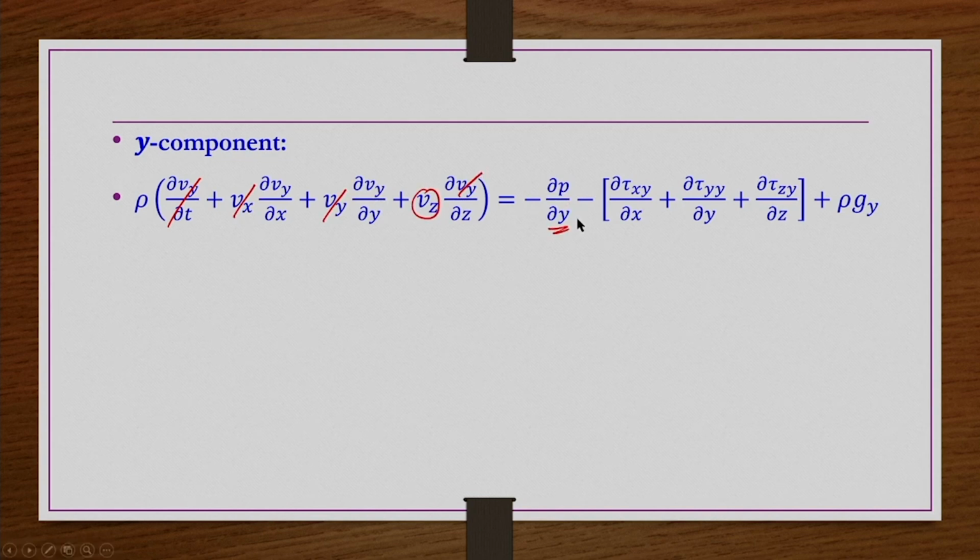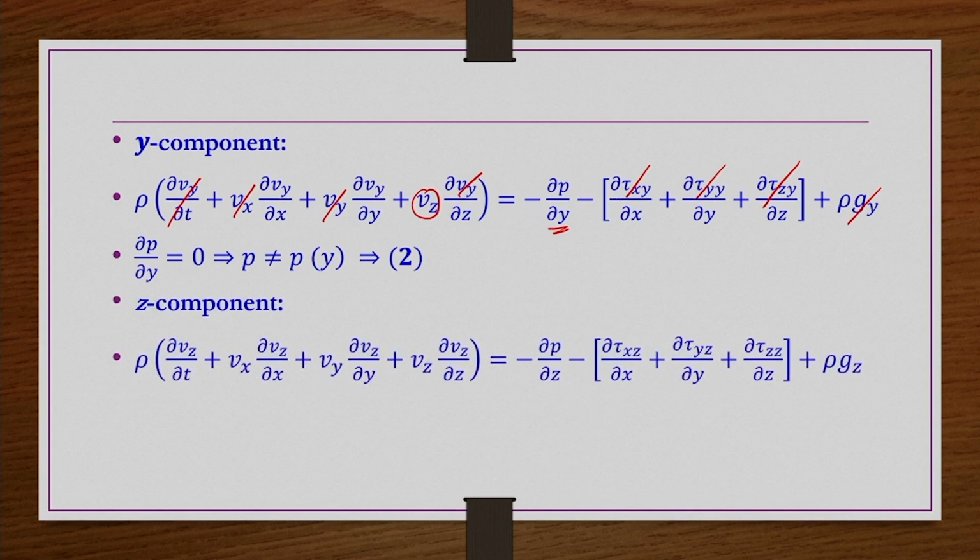Pressure terms we do not know, so let us leave them as they are. From the tau xy terms, if you expand you will have Vx, Vy terms, so this is 0. Only tau zx or tau xz is existing, tau yy is not existing, tau zy is also not existing. So, that is 0, and gravity is not there. So, here also we get dou p by dou y is equal to 0. So, the pressure is not a function of y again.